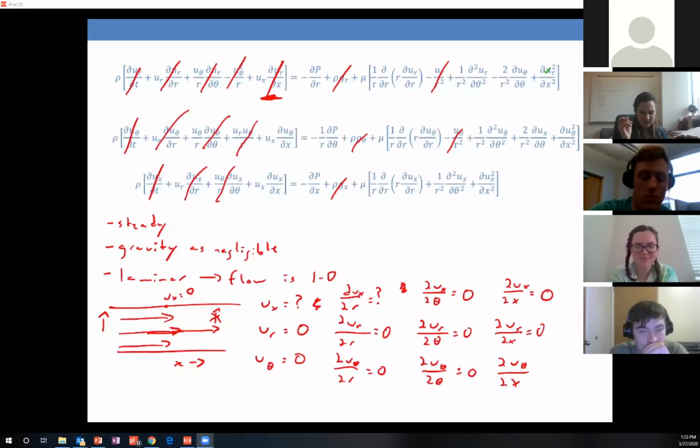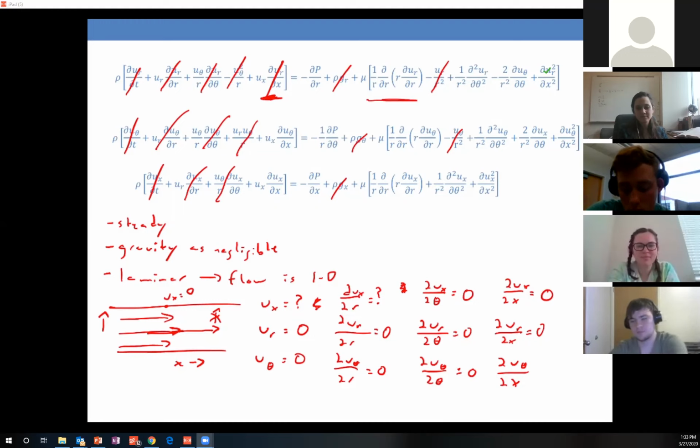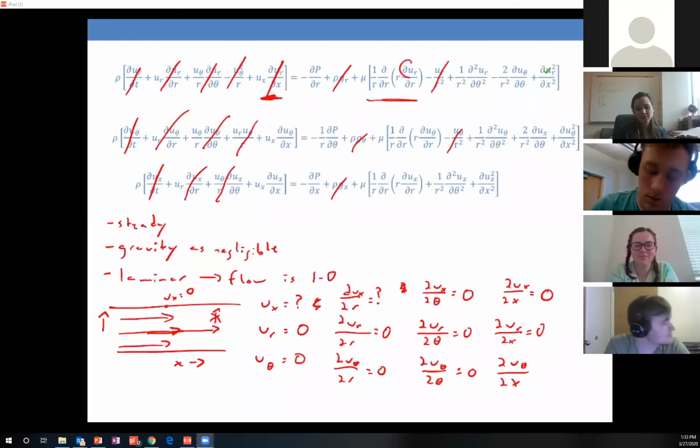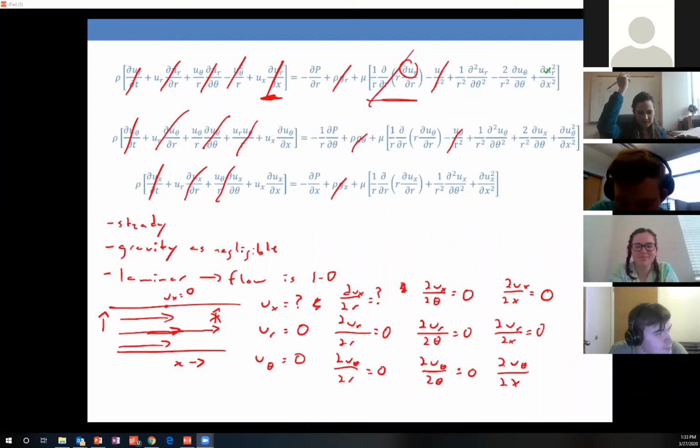We don't know anything about that yet. This one, du_r/dr, does it stay or go? It goes, because u sub r is 0. It's just always 0. It doesn't change. So all of the derivatives and second derivatives of u sub r and u sub theta also go away.